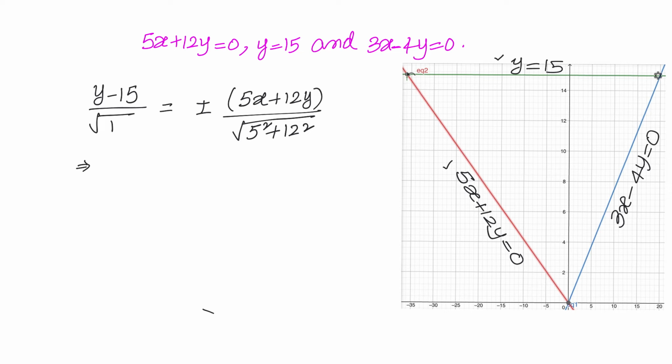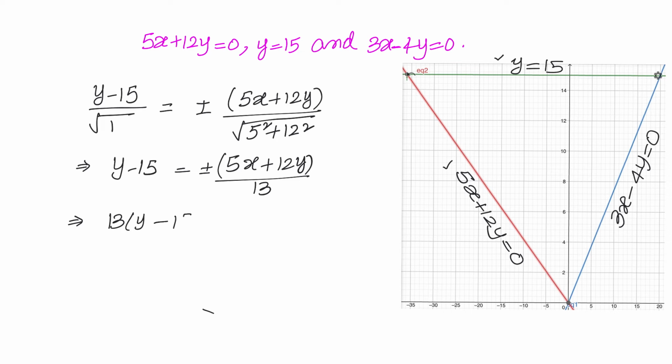That gives y minus 15 equals plus or minus (5x plus 12y) divided by 13. Let's do the cross multiplication. We'll have 13 into (y minus 15) equals plus or minus (5x plus 12y).